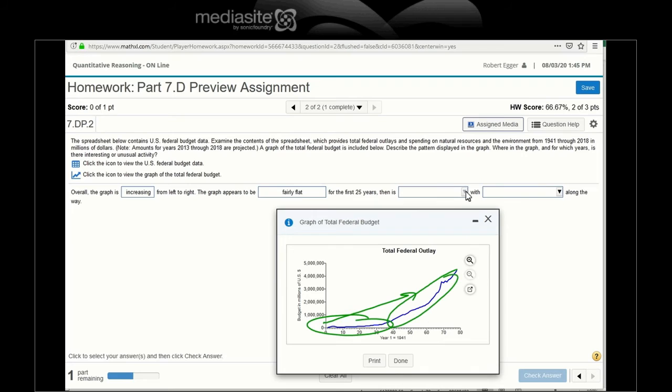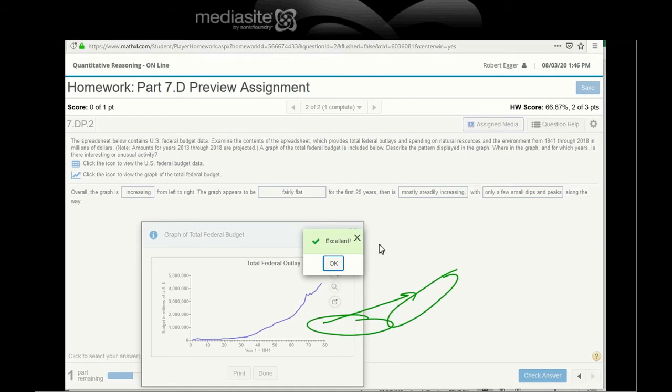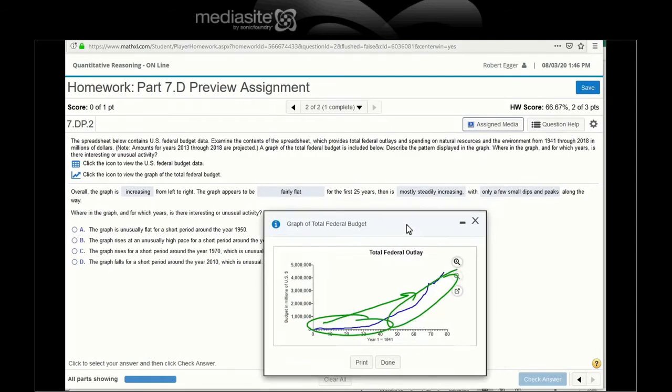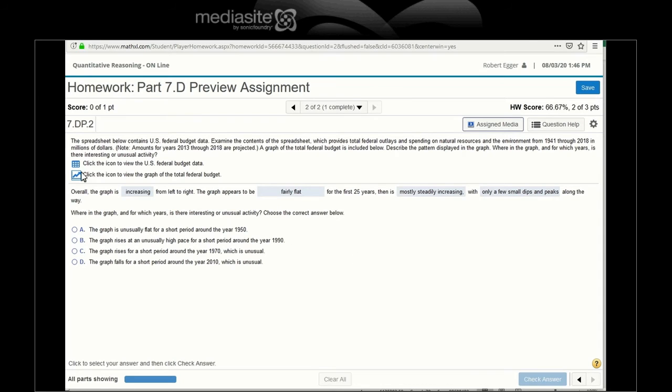Well, I would say that is most steadily increasing, with only a few dips and peaks, or many large dips and peaks. Looks like only a few. Check answers. Answer is correct. Oh, should have kept it up.